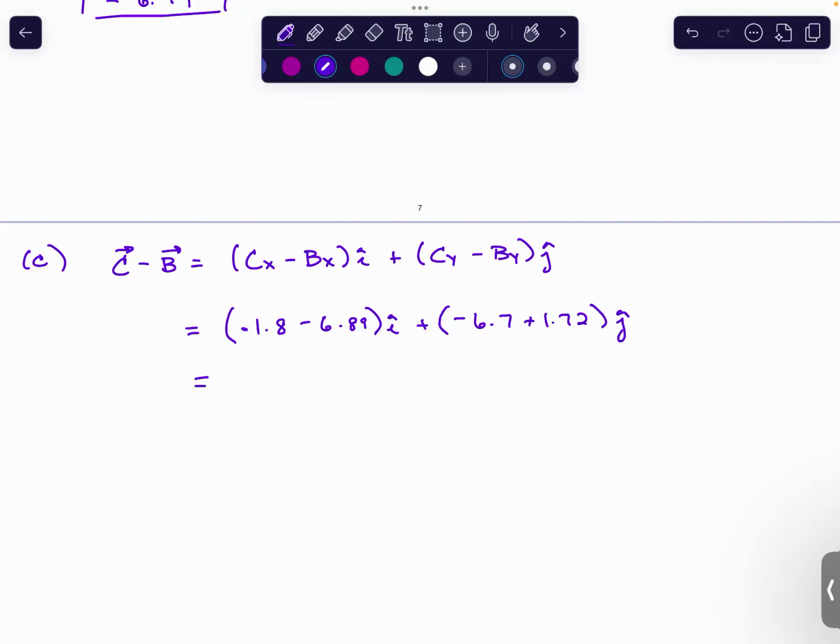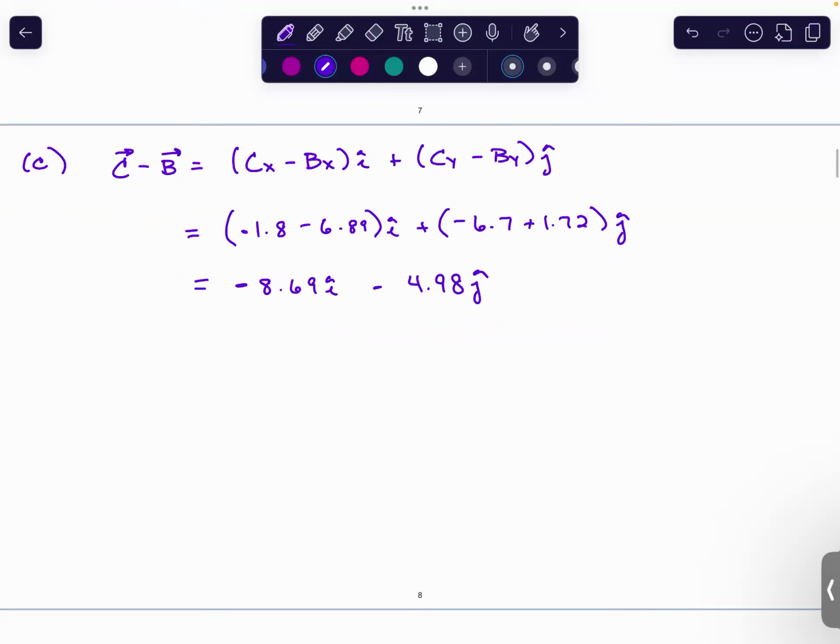When we add this up, negative 8.69 I hat minus 4.98 J hat. And so we can say that the X component would be a negative 8.69. Y component will be a negative 4.98.